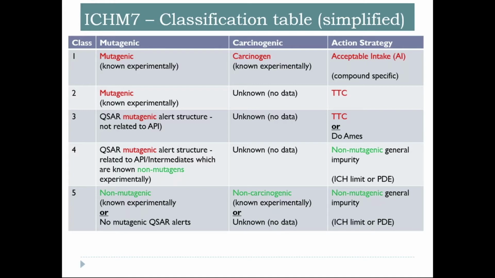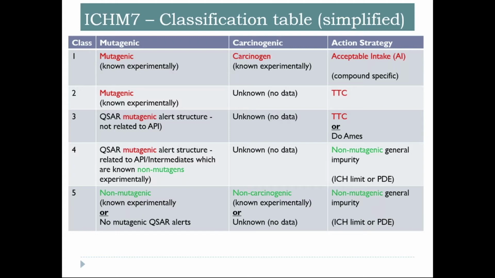The compound-specific acceptable intake is applied to class 1 compounds, which are known mutagens and carcinogens. TTC is applied to both class 2 and class 3 compounds, where class 2 compounds have positive experimental data and class 3 compounds are classified based on a positive QSAR alert, which is not related to the API.